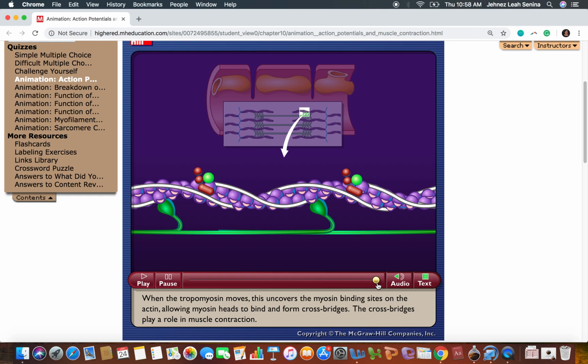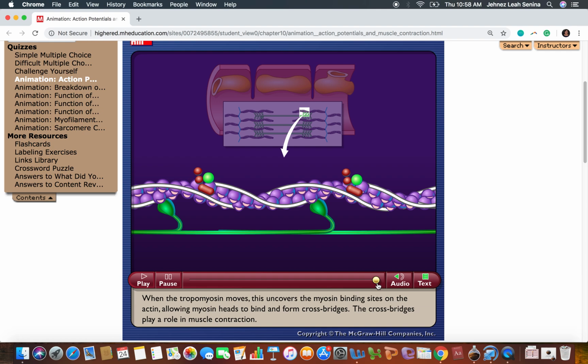Easy to understand, right? Easy to forget too. So maybe in your notebook, put a diagram: action potential, arrow, calcium released by sarcoplasmic reticulum, arrow, calcium binds to troponin. Summarize it the way you'll remember it. Just arrows.